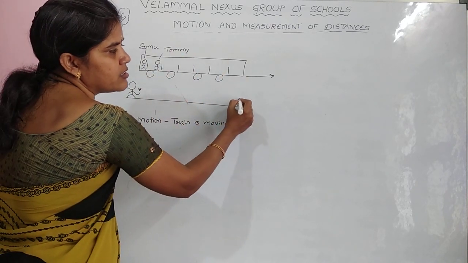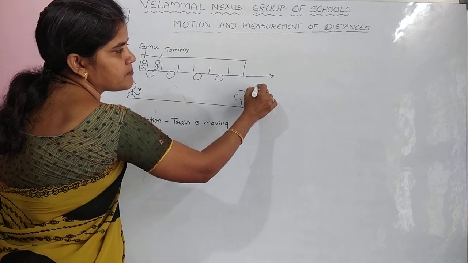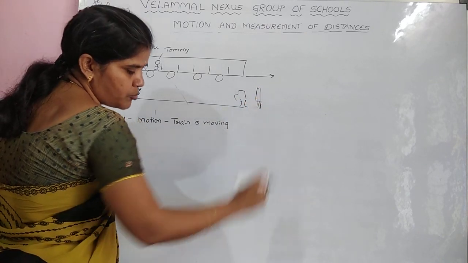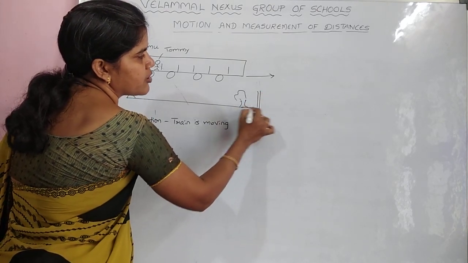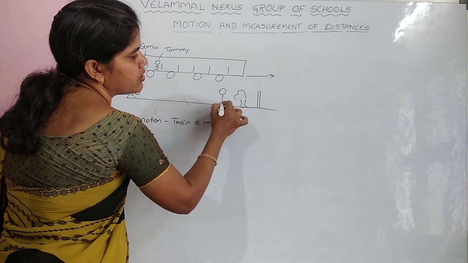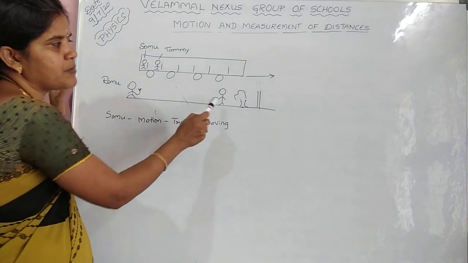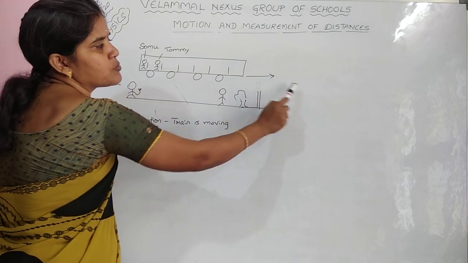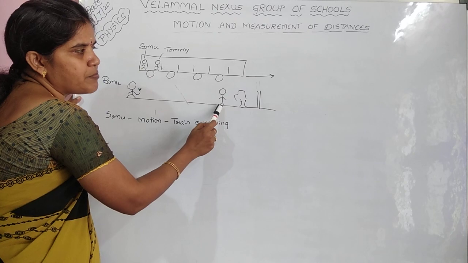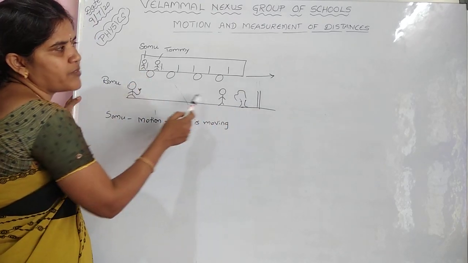While the train is moving, the trees present, the electric poles, the farmers who are working in the field, the persons who are standing over here, the person standing on a street, the tree, the electric pole, everything: as the train is moving, Somu feels that they are moving.